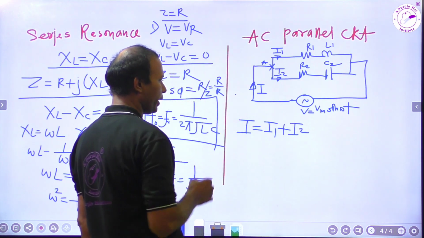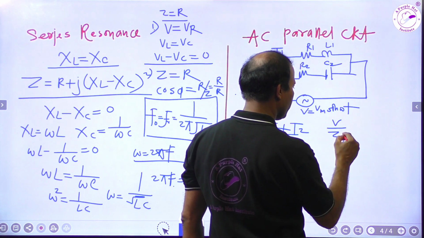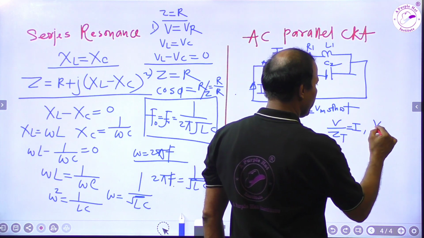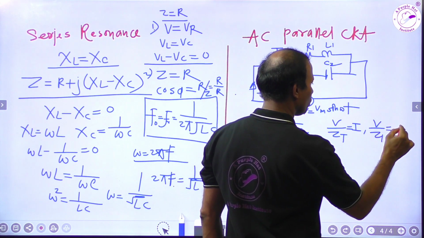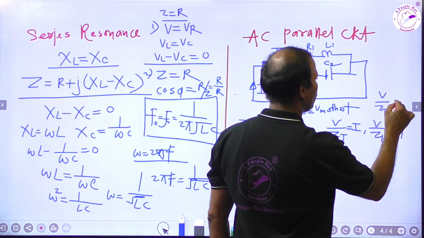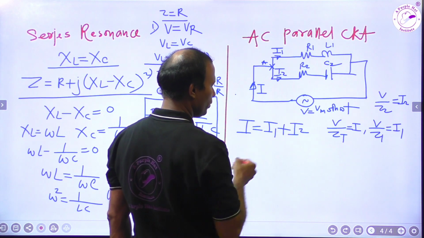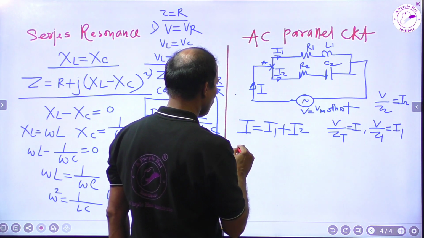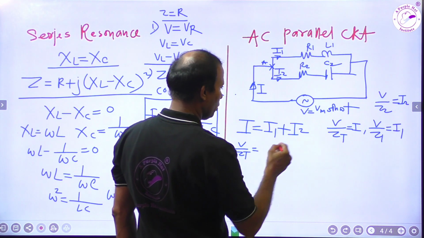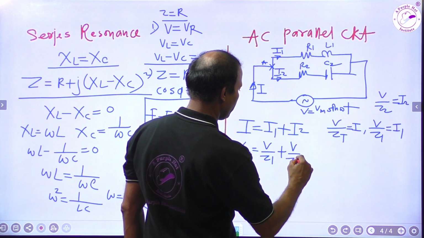I is equal to V upon ZT, V upon Z1 is equal to I1, and V upon Z2 is equal to I2. Putting these in the equation, I is equal to V upon ZT equal to V by Z1 plus V by Z2.